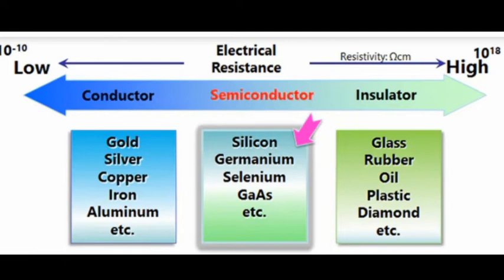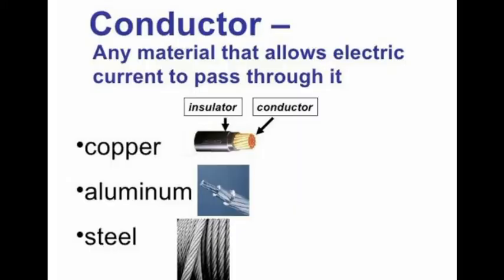Based on the electrical conductivity, or the ability of that material to allow the passage of these charges, whether electron or proton, the materials are classified into these three categories: insulator, semiconductor, and conductor. The conductor means the materials which allow the passage of these electric charges. Normally almost all the metals are good conductors of electricity.